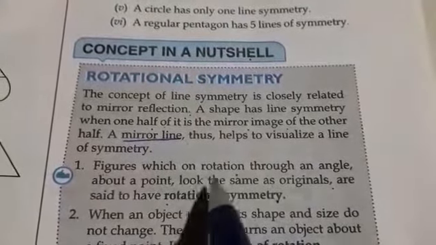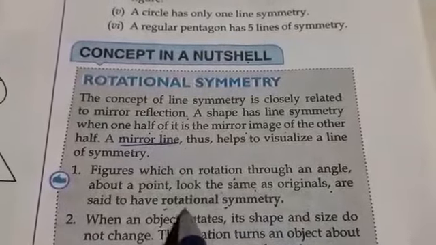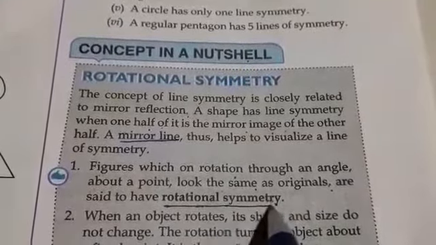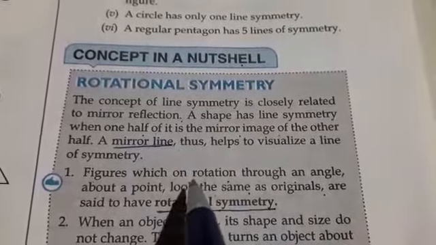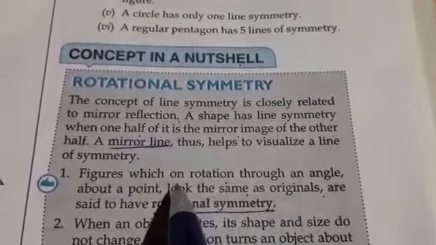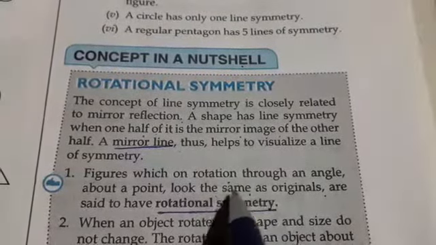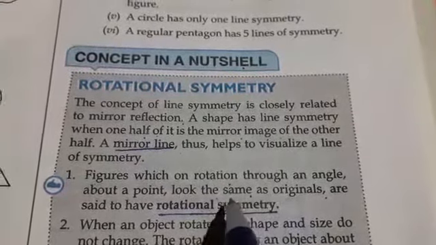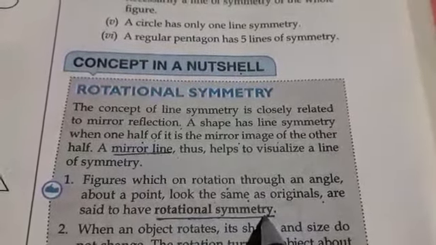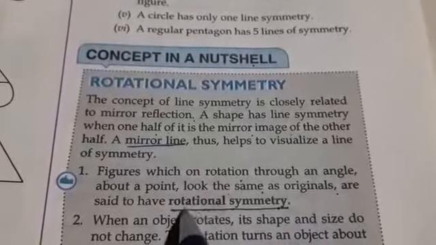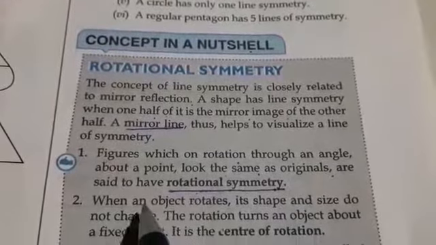It says that rotational symmetry occurs when we move a figure and after moving, it comes to the same original position, then it is known as rotational symmetry. We will learn about this in the next video.